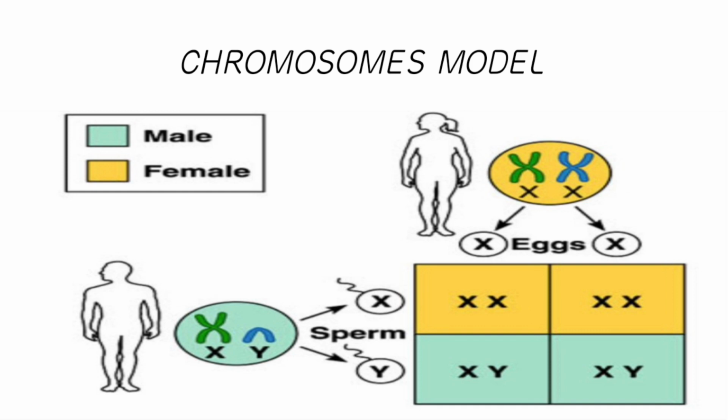On the other hand, when the X chromosome of the male is active and unites with the X chromosome of a female, the result is XX, which means it develops a baby girl. In addition, a male genetically carries X and Y chromosomes, while a female genetically carries XX chromosomes.